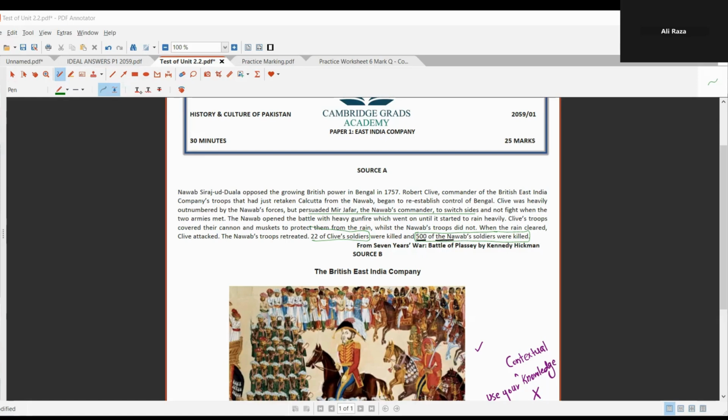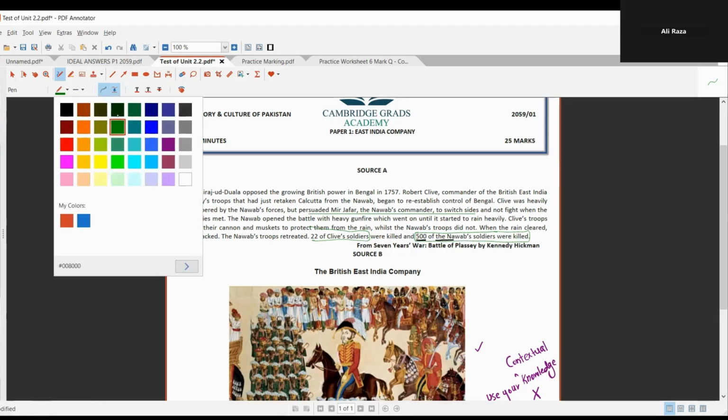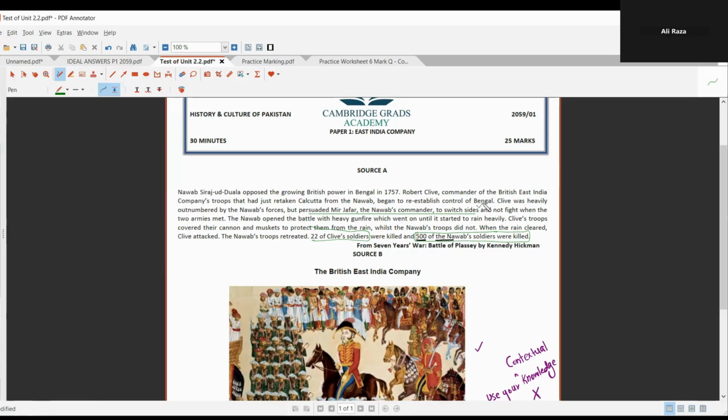So when you make it clear, that is one of those reasons that you can point out for the British win. So for this particular source, what you need to do is just give out any three reasons that you feel are responsible for the British win in the battle. So we have pointed out three reasons.